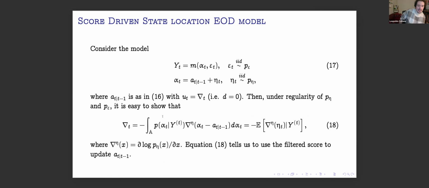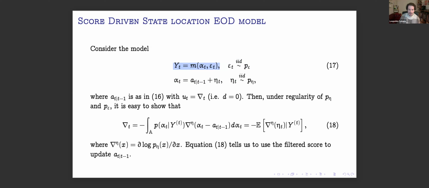Now I will comment on two possible specifications of score-driven models. One is what I call a score-driven state location extended observation-driven model. Now, in a model like this one, we have our measurement equation here.